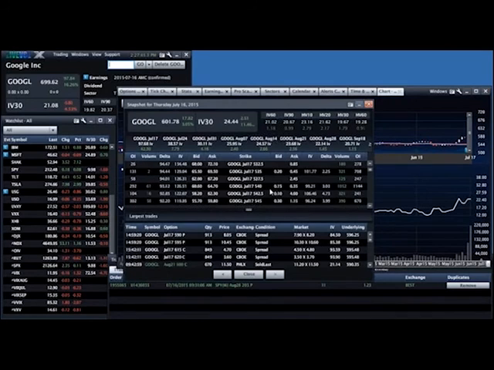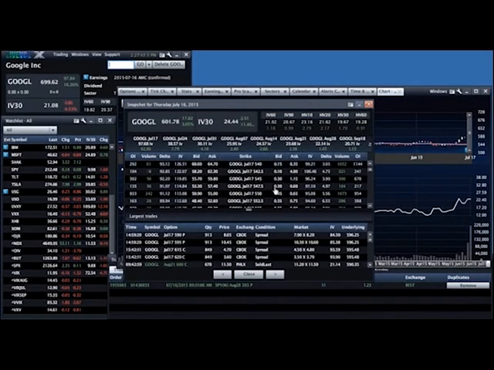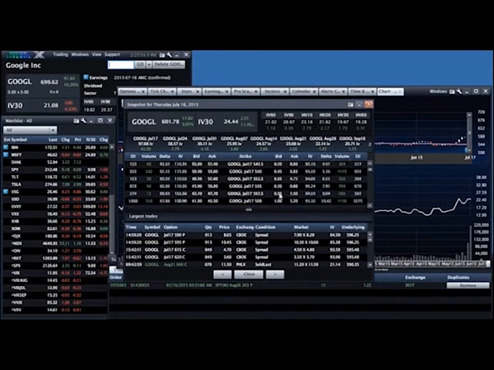So Google, now this is a monthly option, but it's a weekly. Google was going to report on the 16th after the market. And here we are on the 16th at the close. It's trading $600. So the market was pricing Google to move about $25.